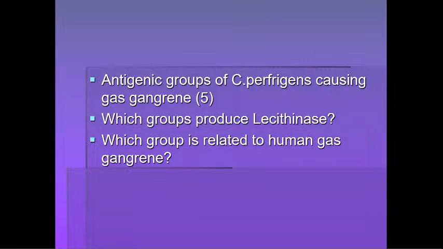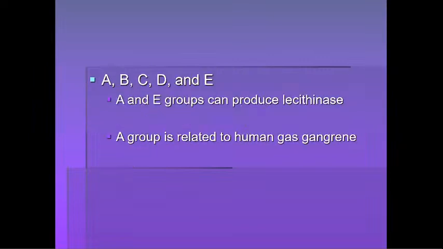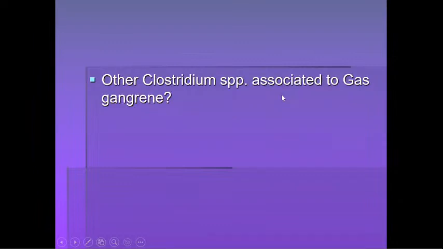We have five antigenic groups: A, B, C, D, E. The groups that produce lecithinase include A and E. The group related to human gas gangrene is A. So the most important one that we need to take into consideration, especially in human cases, is A. Another organism under the Clostridium species or Clostridioides species associated with gas gangrene is Clostridium novyi.